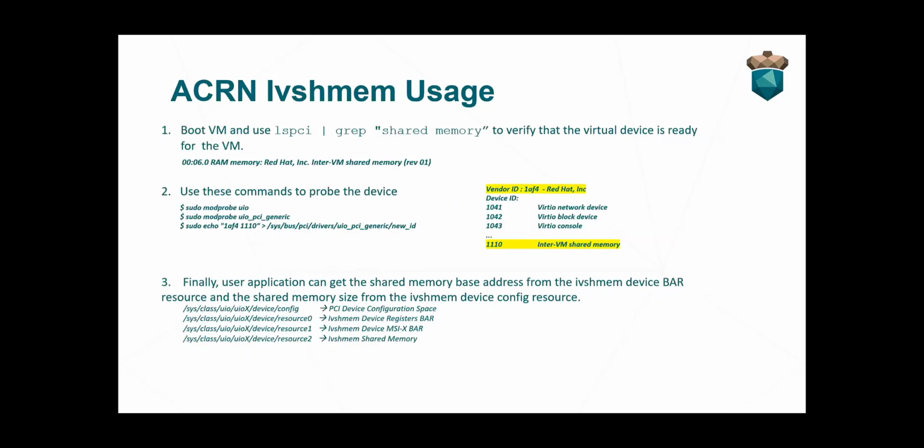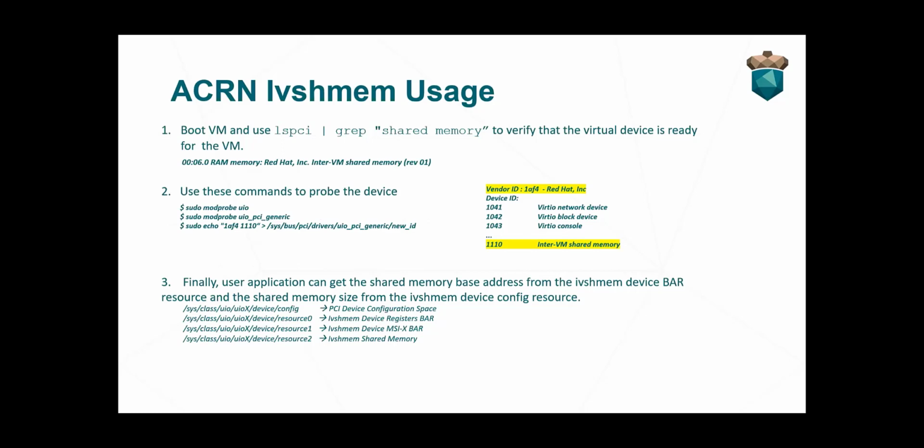And this is about how to check whether the Ivshmem device is working on the Linux side. If you have enabled them in the command line, you can check by lspci in the guest VM.